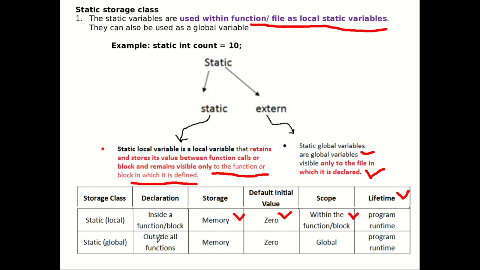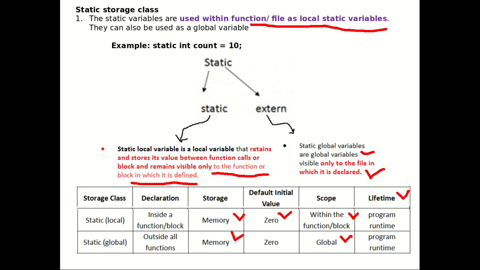The static global variables are declared outside all functions. The variable is allocated in memory, the value 0 is initialized to the global static variable, and the scope is global, means throughout the program we can access it. Within that program we may have different blocks and different functions in the same file.